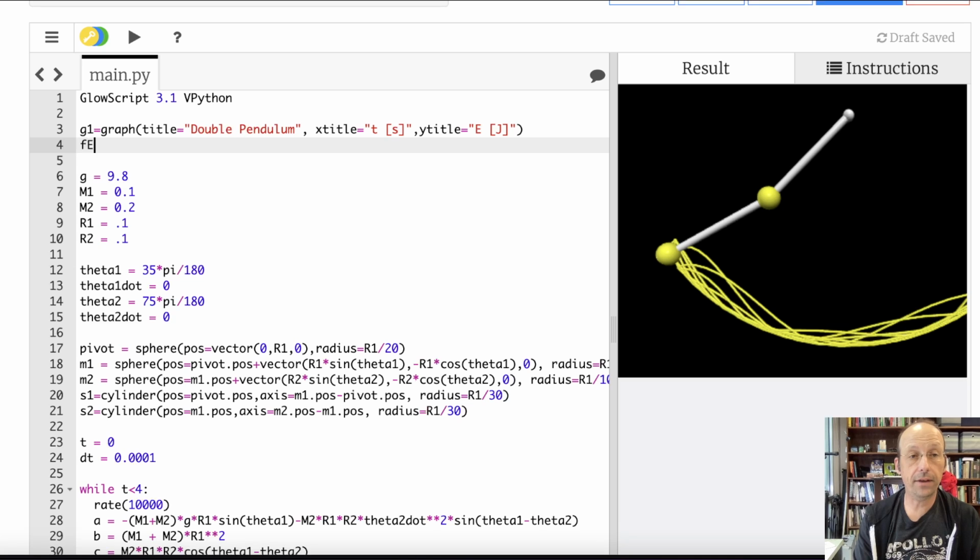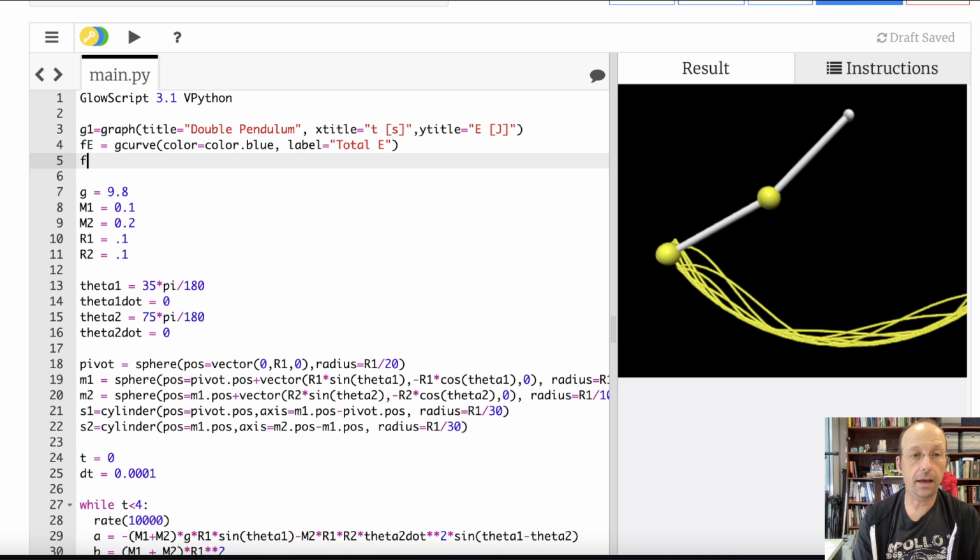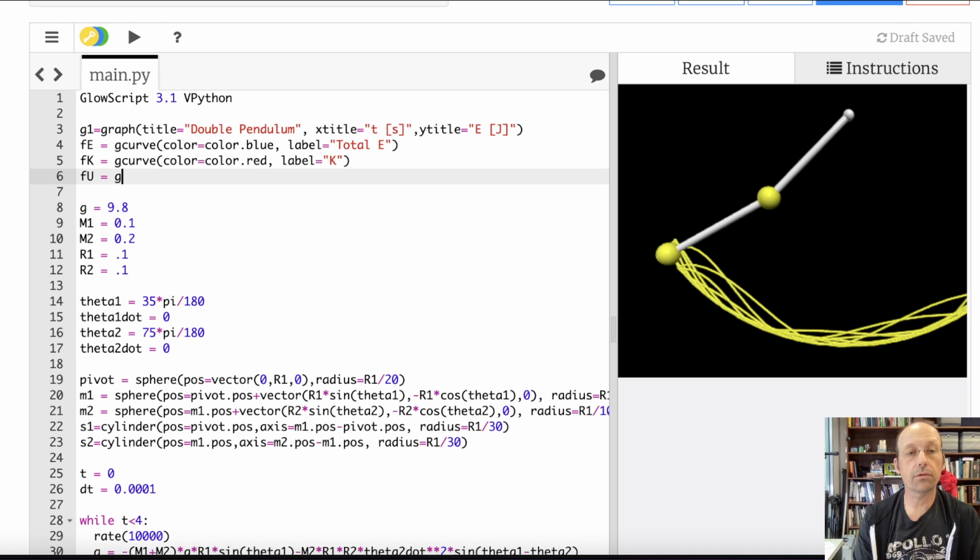I'm going to have FE equals G curve, color equals color dot blue, label equals total E. And then I'm going to say FK equals G curve, color equals color dot red, label equals K. And then FU equals G curve, color equals color dot green, label equals U.